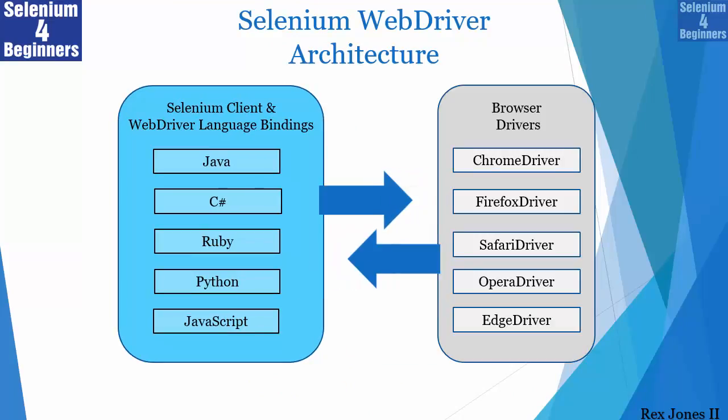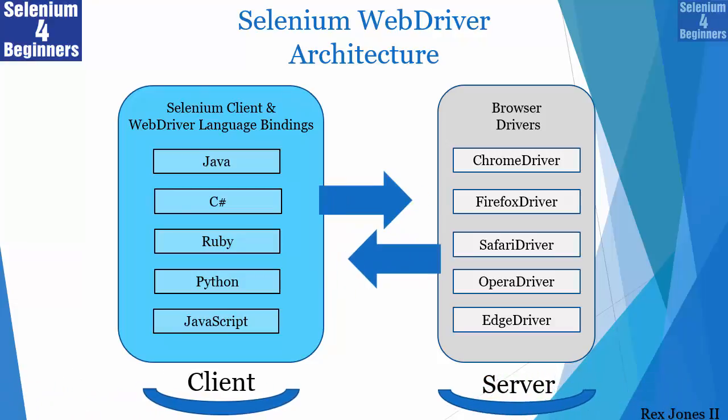In this diagram, the browser drivers have 2 functions. The first function is to receive a request, and the second function is to return a response. Both of these components illustrate a client server model. What is a client-server model? A client-server model is when the client makes a request and the server executes that request.